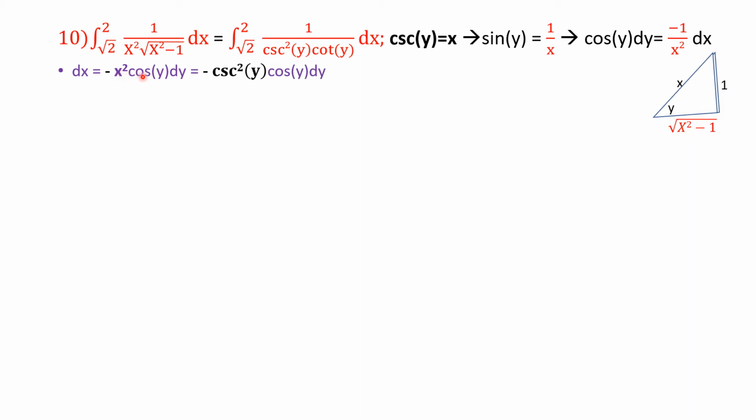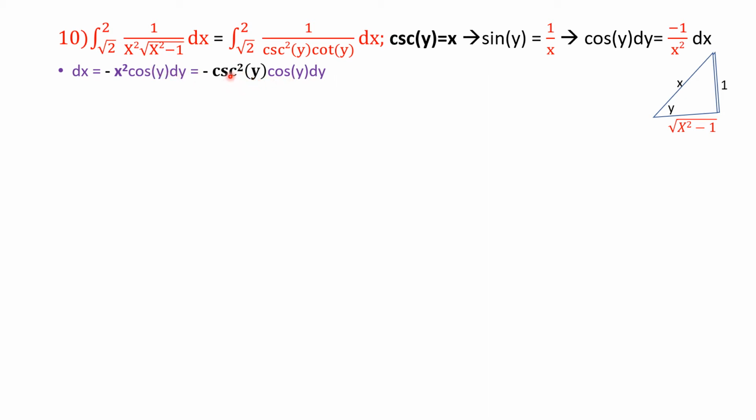We said x equals cosec of y, so x squared will be equal to cosec squared of y. So instead of x squared over here, we change it to cosec squared of y. The rest is the same as this one.